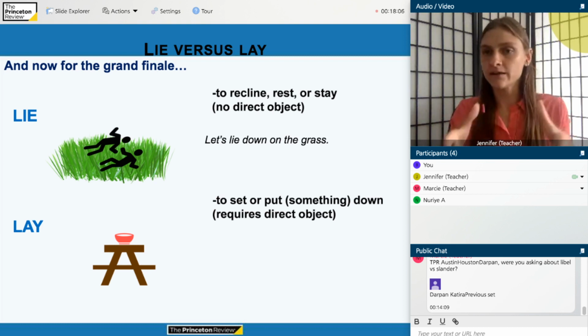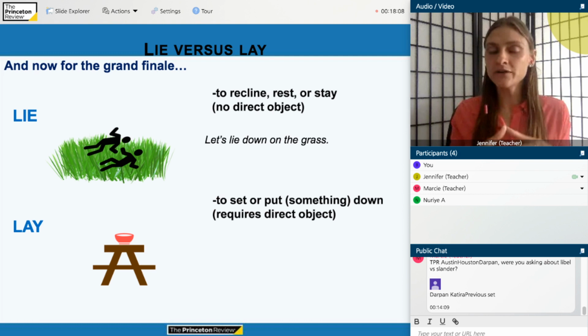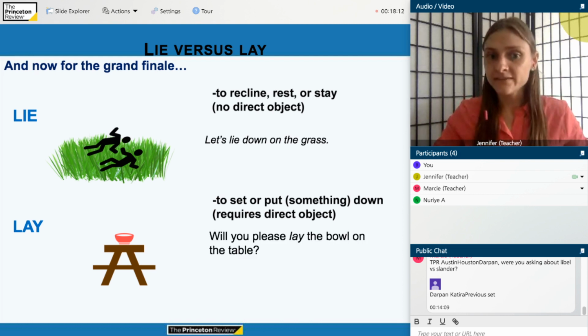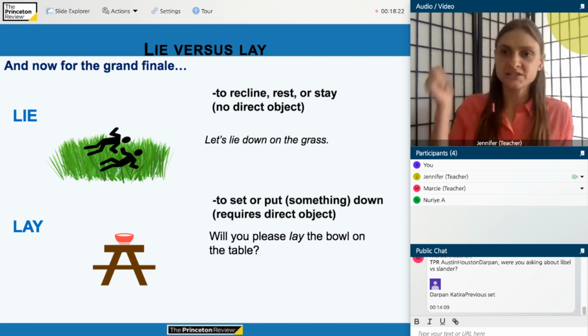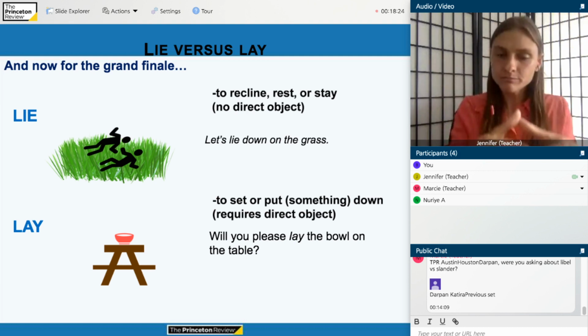I lay down something. So it requires something to be physically put down. So I could say, will you please lay the bowl on the table? And a lot of times lay implies that you're doing something very carefully. You're not slamming the bowl down, you're just laying it down.